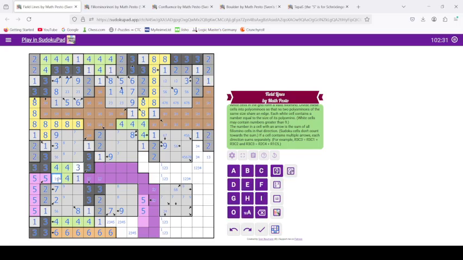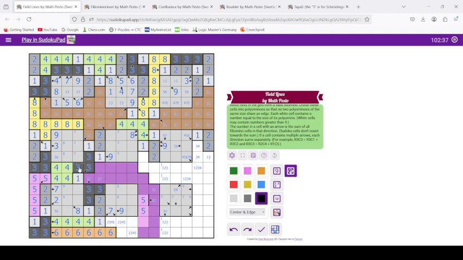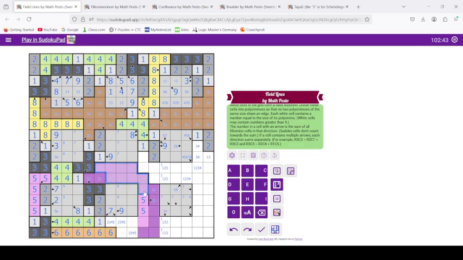This one has to be a 3, this one has to be a 4. And I'm finishing up with this side of the grid. 17. 5 goes here, has to go there. This has to be a 2, has to be a 1.